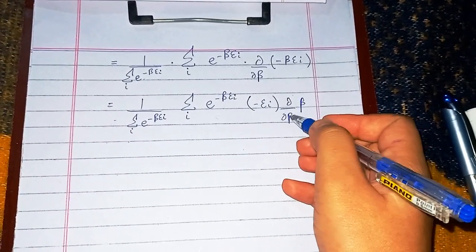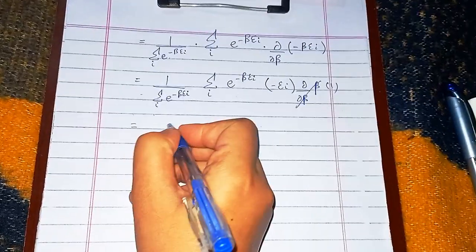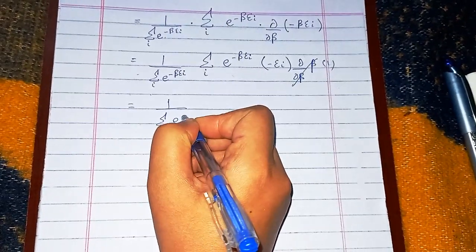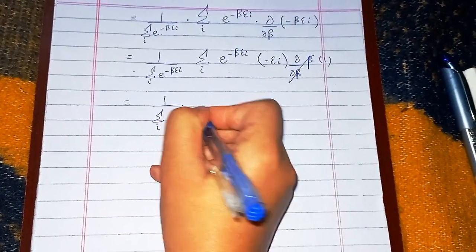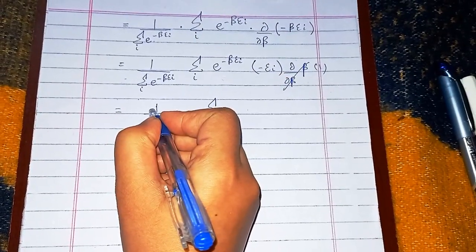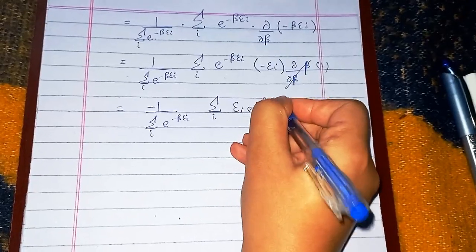So partial beta by partial beta is 1. So we are left with this summation, and the negative sign can be written here: Ei e to the power minus beta Ei.